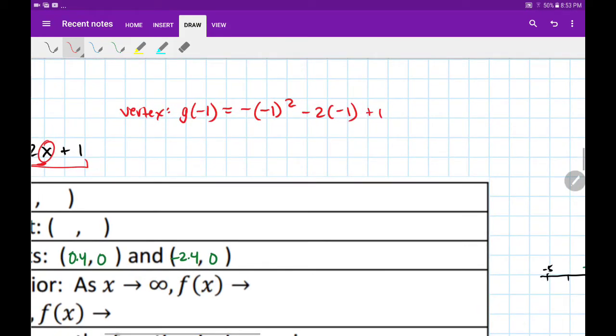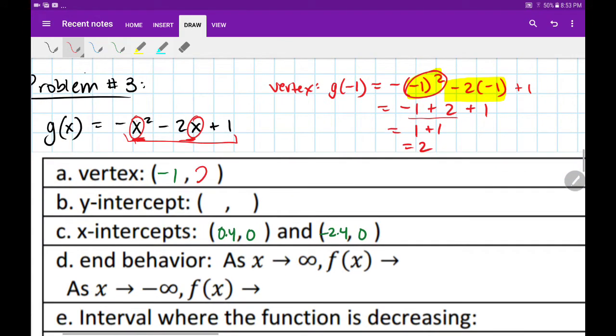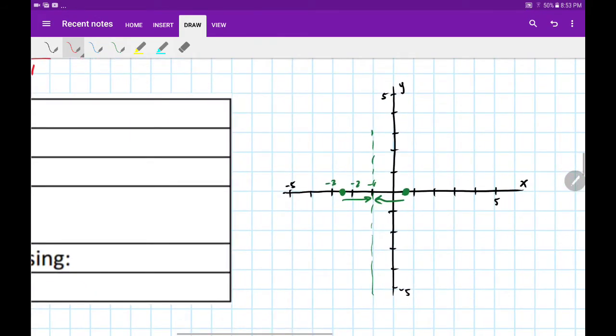Well, negative 1 squared is positive 1, but then the negative out in front makes this negative times 1. Now, negative 2 times negative 1 gives me plus 2, and I'm just going to add that 1 at the end. Okay, negative 1 plus 2 is 1, plus 1 is 2. My vertex is negative 1, 2. That's right there.